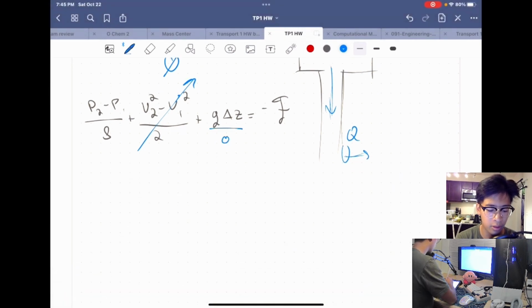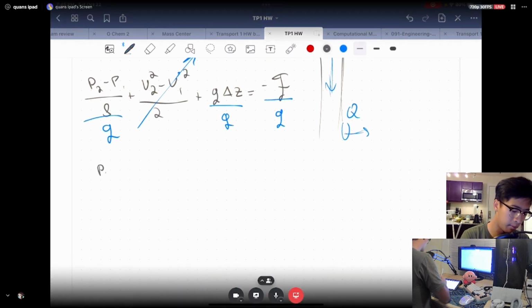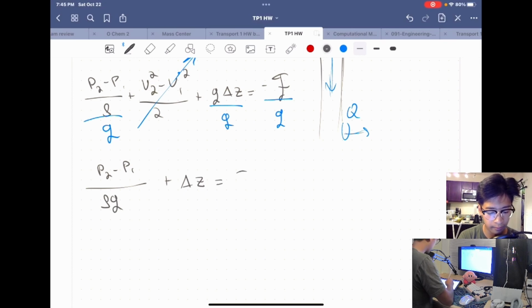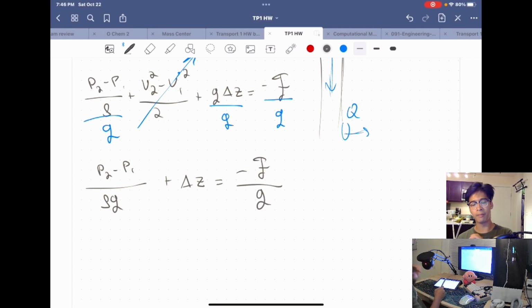You pretty much divide everything by g, right? So now we have P2 minus P1 over rho g plus delta z is equal to negative F, frictional heating, over g. Okay.